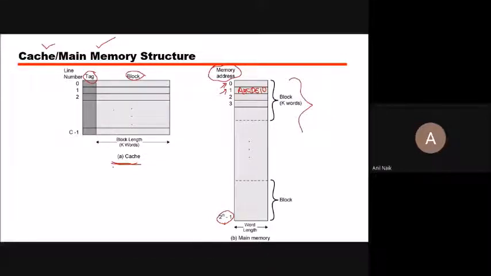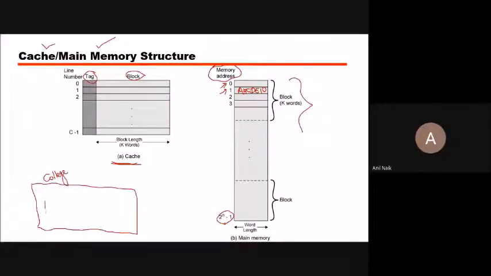Cache memory is a very small memory. The size of main memory will be large compared to the cache memory. Suppose, in general, consider one college.